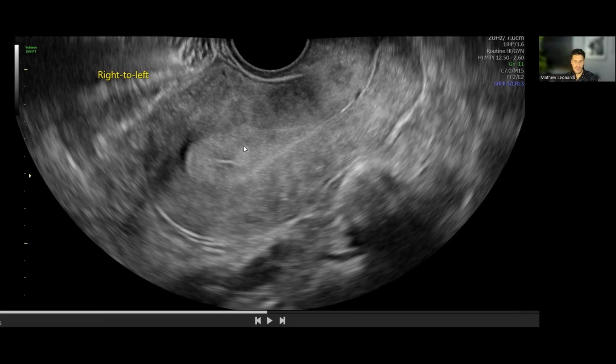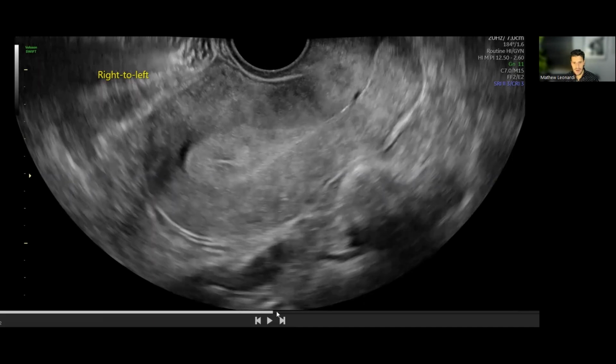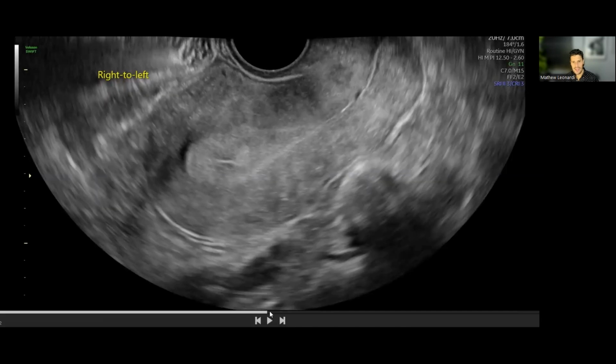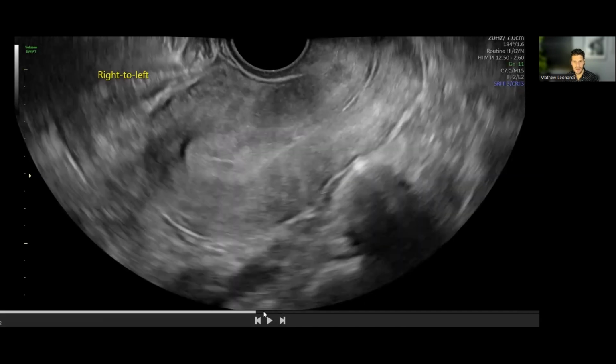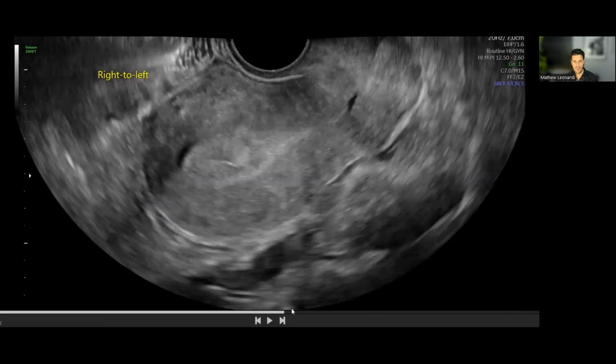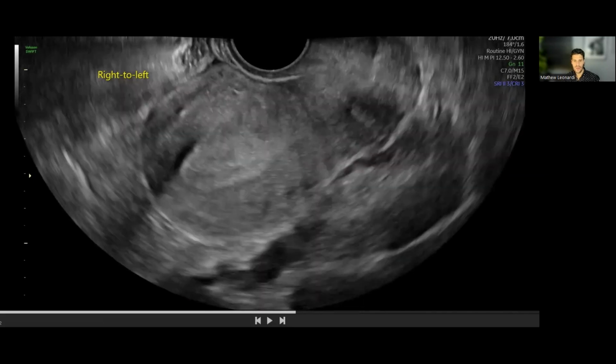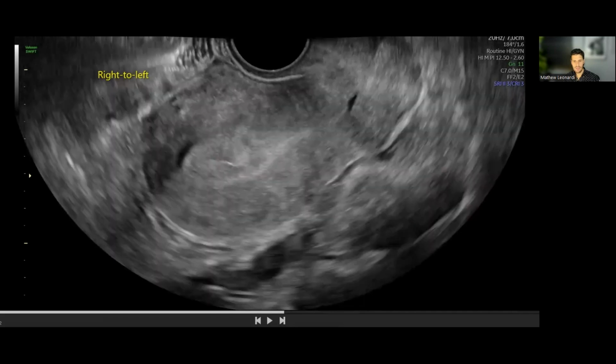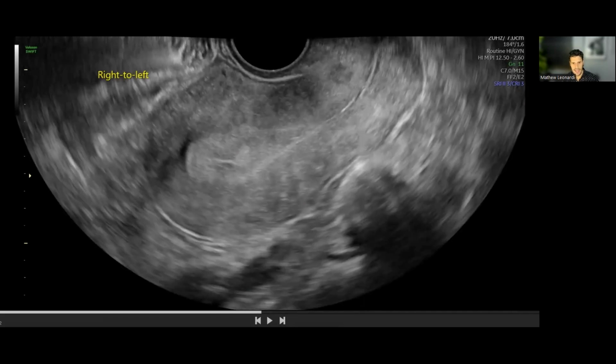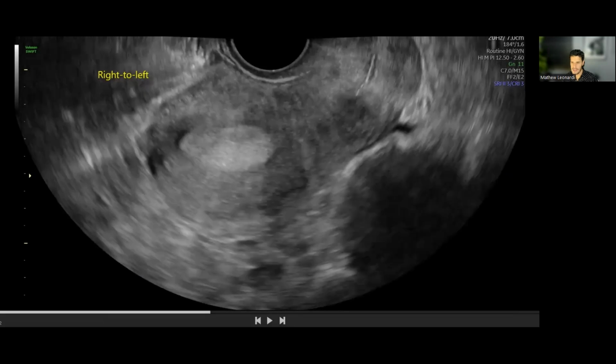Not only that, but we are also getting a bit of a sense of a hyperechoic ovoid structure in that anterior endometrium there. And you can see that structure as I just hover back and forth in that area. So I'm pretty convinced already that there's a polyp, but let's see what we get in the next stills and videos.